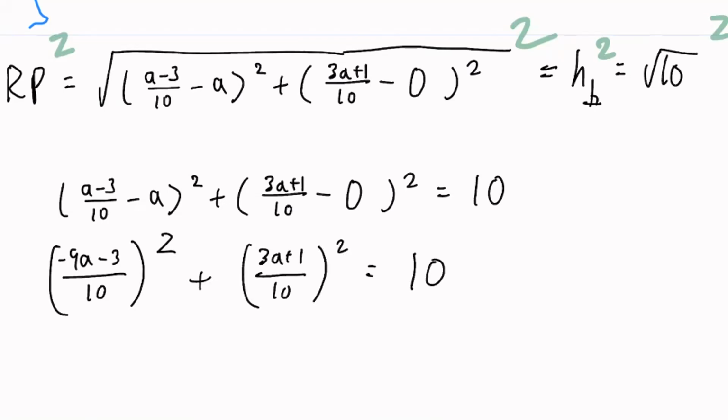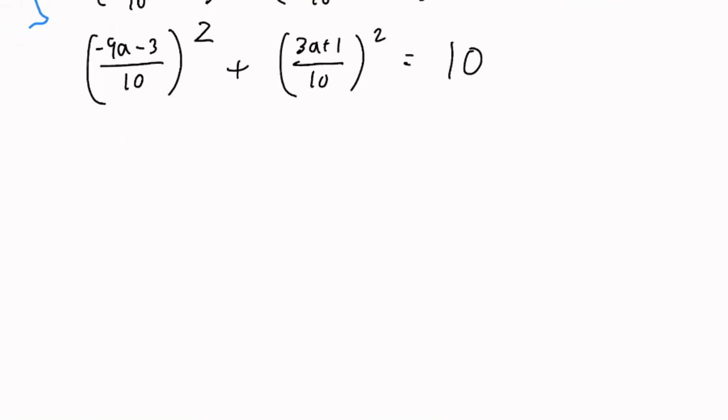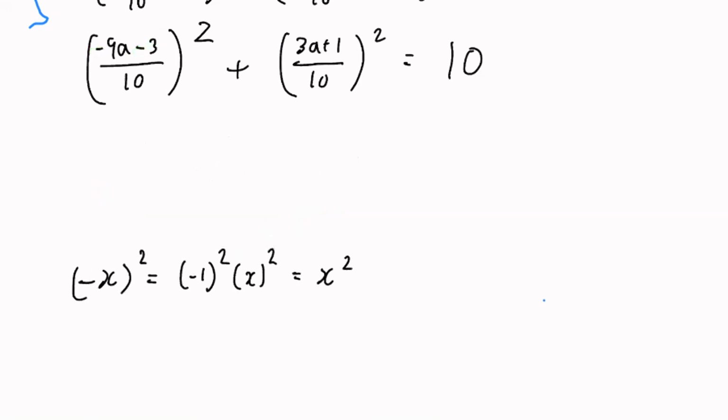Is that okay? Continue. Now we try to solve for a. How do we do that? Let me convince you. Negative x squared is actually negative 1 squared times x squared, so it's just x squared, right? I can times negative 1 to the inside. So minus 9a minus 3, I can change into positive 9a plus 3 over 10 bracket square. But wait, 9 and 3, I can factor out 3.